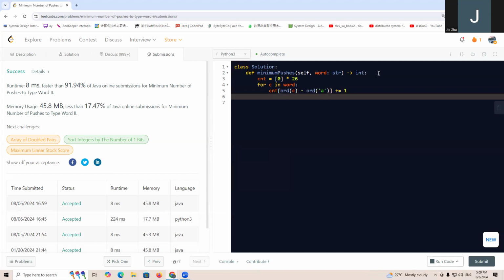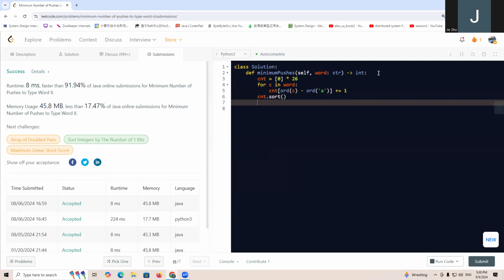Then we need the result, push, and used. Push initial is 1, result is 0, and used initial is 0.